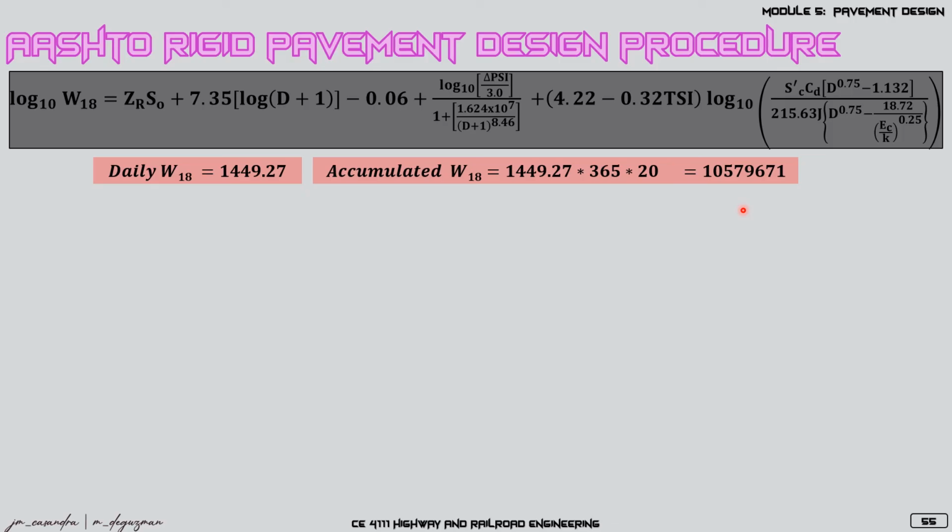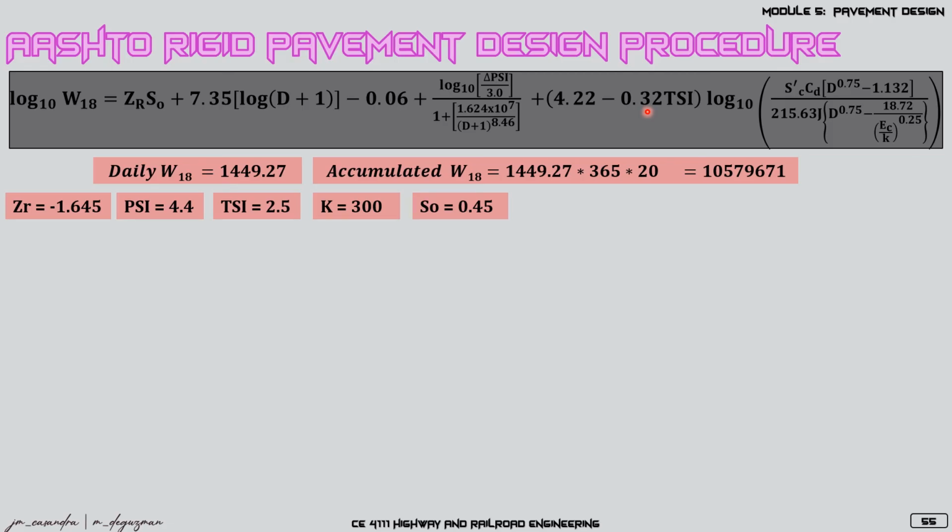And the other givens that we are going to need for this equation: we have your ZR at 95%, which is negative 1.645. PSI is 4.4, TSI is 2.5, K is 300, standard deviation is 0.45, and modulus of elasticity is 4.5 times 10 raised to 6.